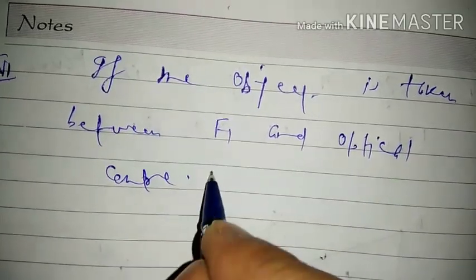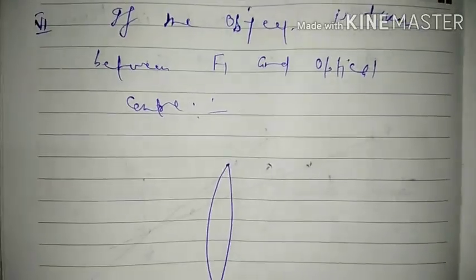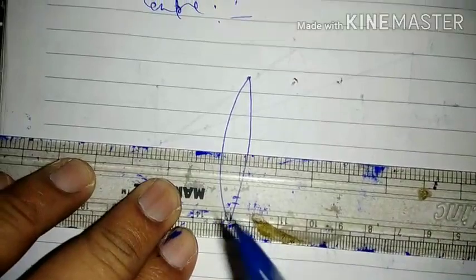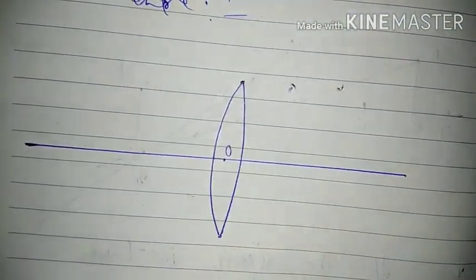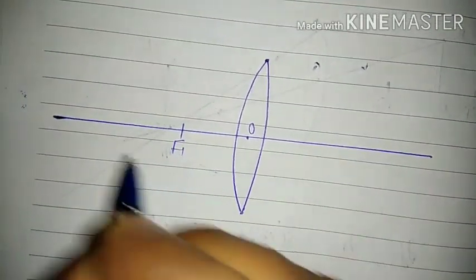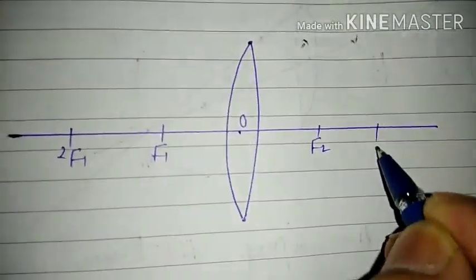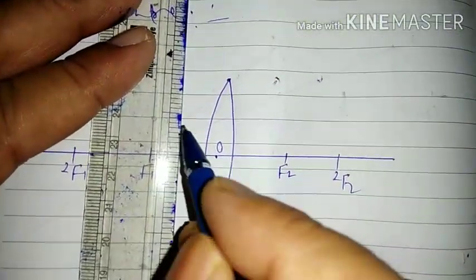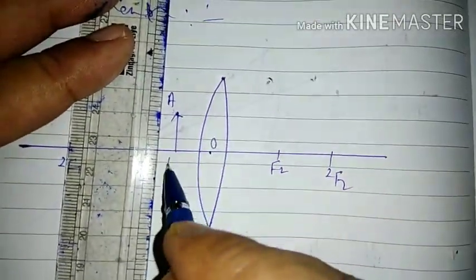See what the situation is. Suppose this is our convex lens. This is the principal axis. This is the optical center. This is focus f1. This is point 2f1, f2 and 2f2. Now the object is taken between the focus and the optical center. This is the position of the object AB.